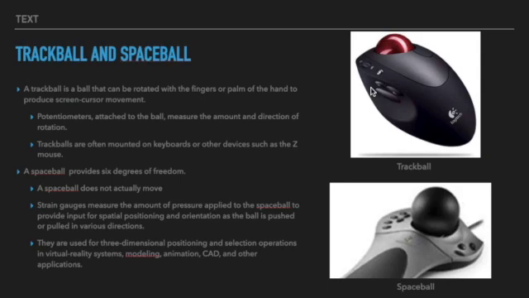Then spaceball. A spaceball provides 6 degrees of freedom. That is, unlike the trackball, a spaceball does not actually move. This is a picture of the spaceball. Here, strain gauges measure the amount of pressure applied to the spaceball to provide input for spatial positioning and orientation as the ball is pushed or pulled in various directions.